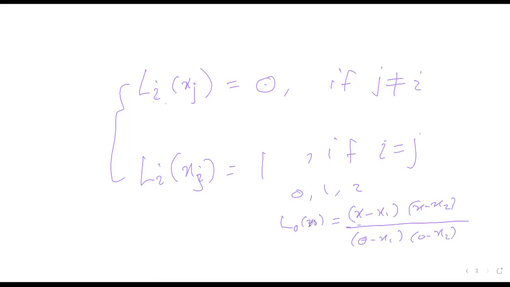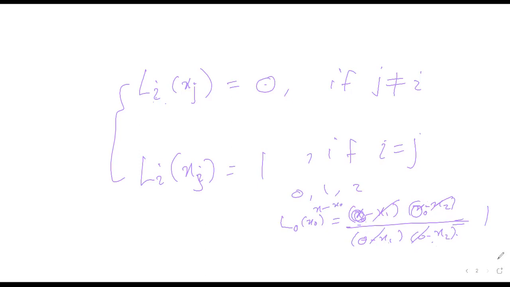So if I substitute x equal to x naught, I put x naught here and x naught there, so the terms are the same, you can cancel and get 1. That's what it means. You have to keep these things in mind. We can see some examples so you will understand more.